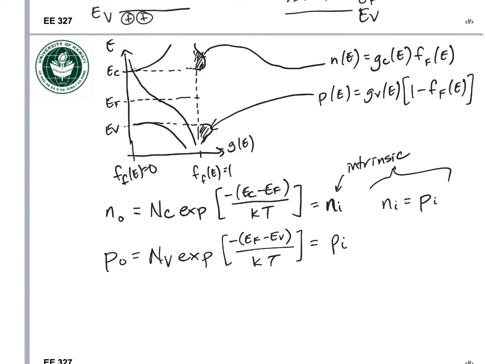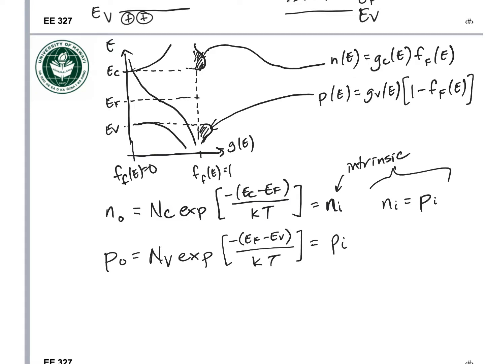Why? They're pairs: a conduction band electron produces a hole in the valence band. There's no doping. The rate of electrons going to the conduction band equals the rate of hole generation. So what is a hole? Let's start with the definition of a hole. It's an empty state, a breaking bond.